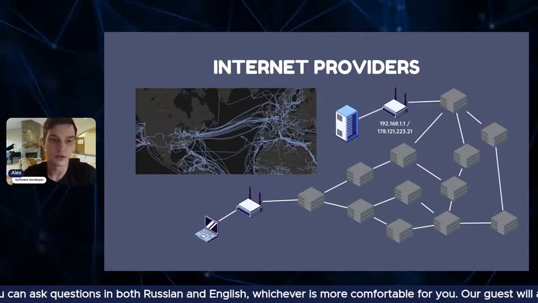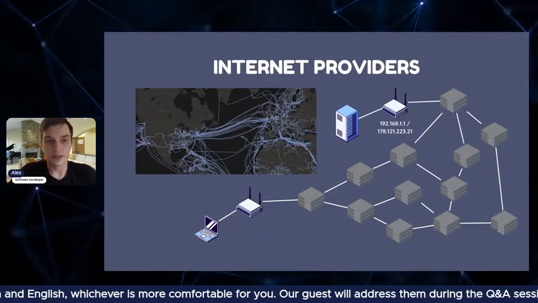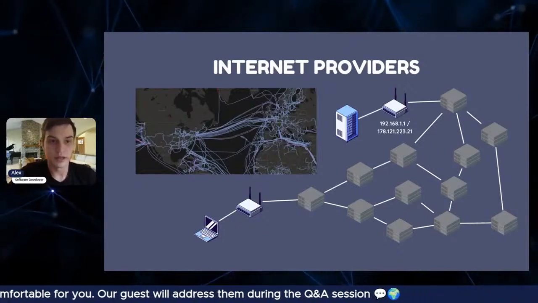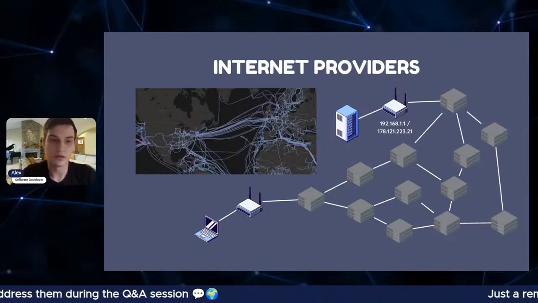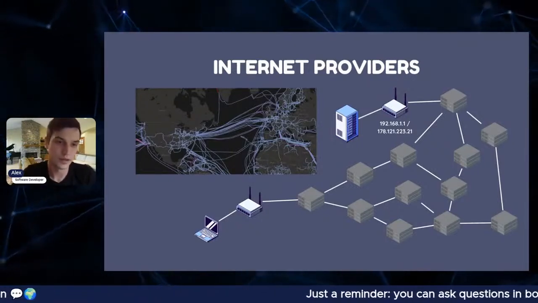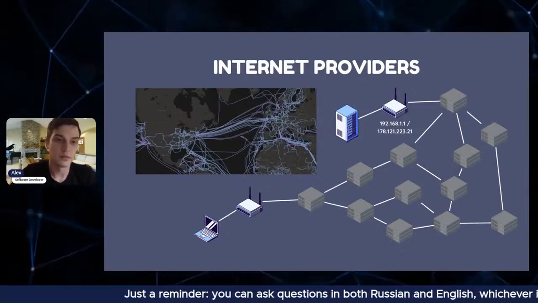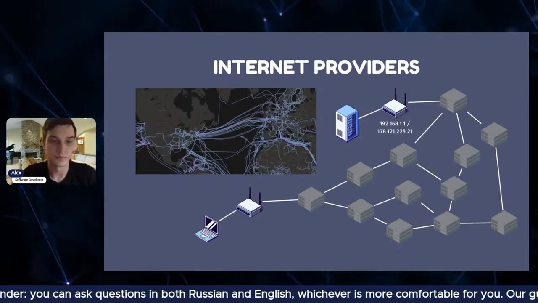If someone from the outer scope wants to connect to the router, he uses its global IP address. Actually, not every router connected to the provider has its own global IP address, because to have it, you need to pay some amount of money to your provider, not a really big amount, and he will give you a static global IP address. So everyone will be able to connect to your router.